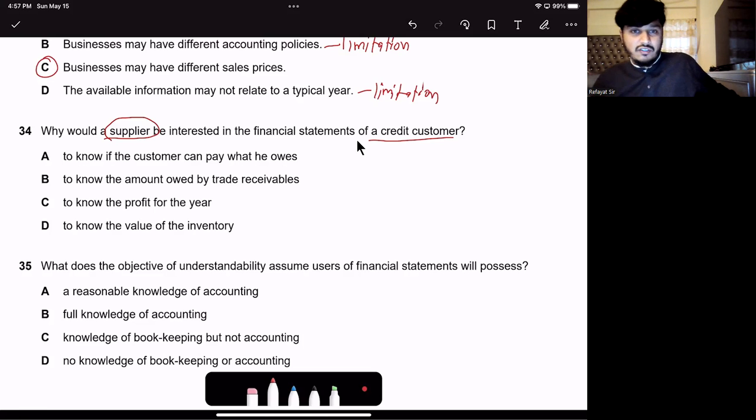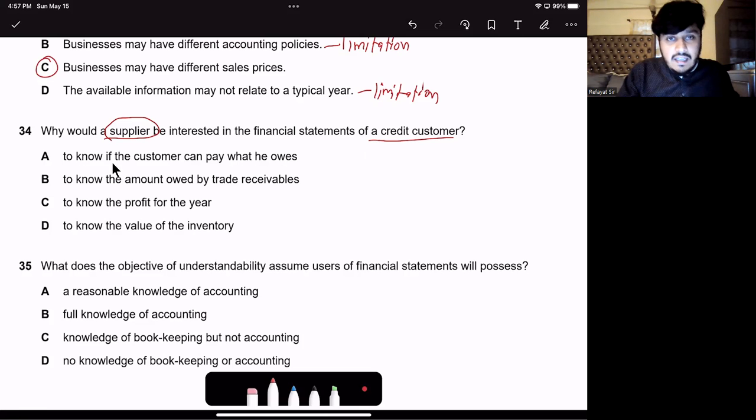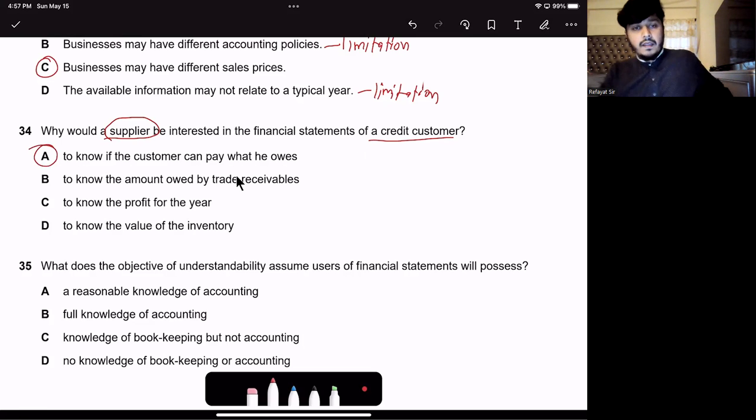The supplier is never worried about the profit the customer is making. If you're able to pay me on time, I'll give you the product. So A, to know if the customer can pay what he owes, is definitely the answer.